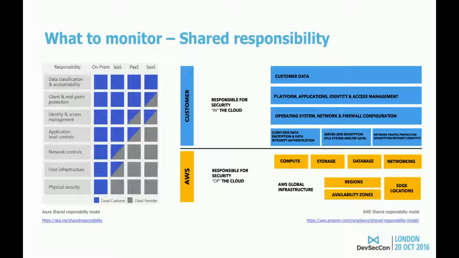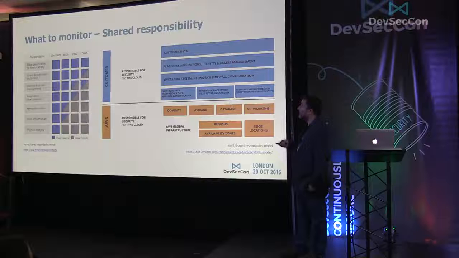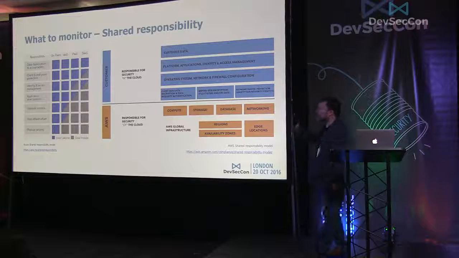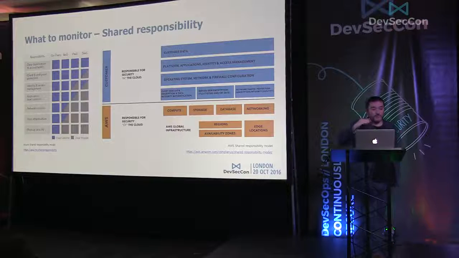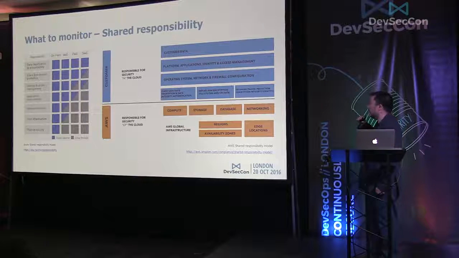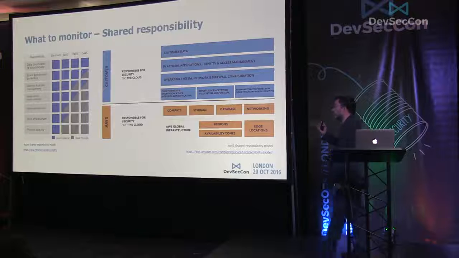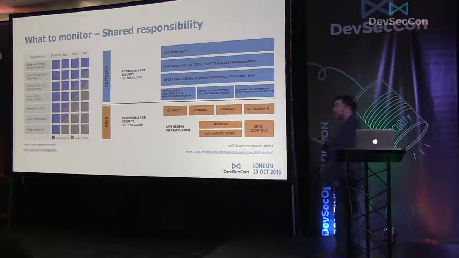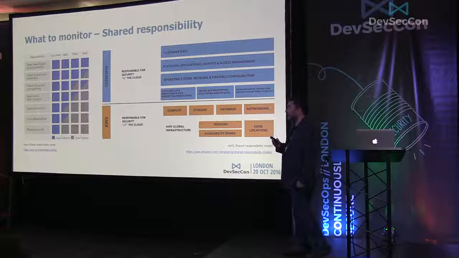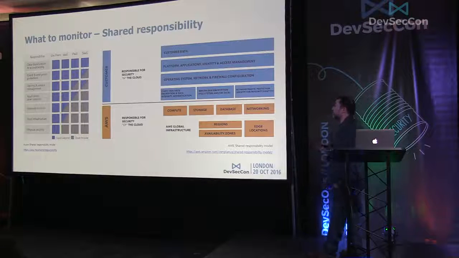If you look at the model on the left, depending on whether it's SaaS, PaaS or IaaS, the threshold between what you have to take care of and what the provider takes care of changes. Typically in IaaS, you're responsible for more things.